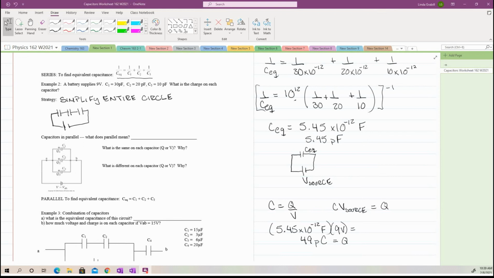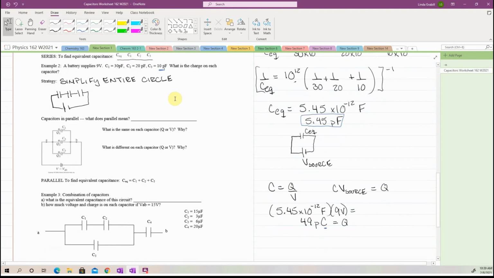That's not the capacitance. I said that, my mind just went, no. Because 49 is definitely larger than my smallest capacitor, right? I'm looking at the amount of charge here. This is coulombs. So here is my equivalent capacitance, and it is smaller than our smallest capacitor, and for reasons that we might be able to get into later on. But just kind of keep that in mind as your double check.